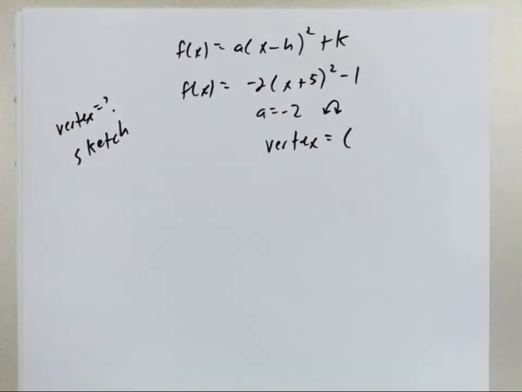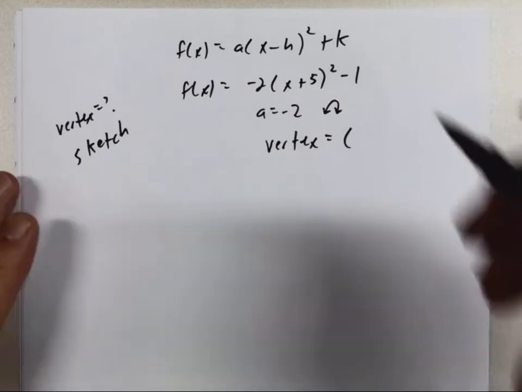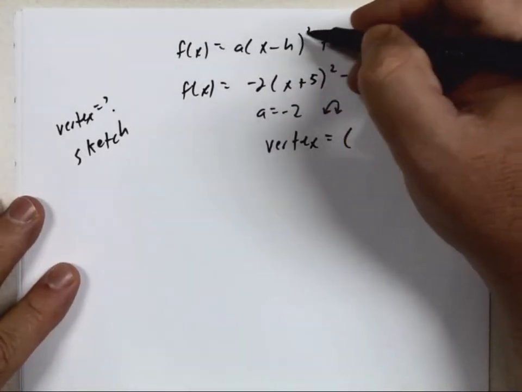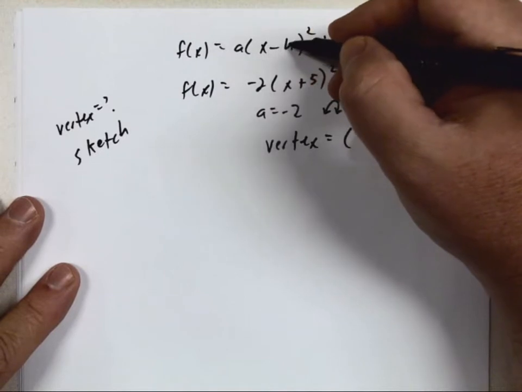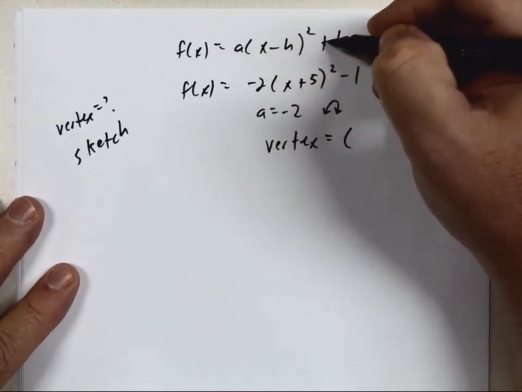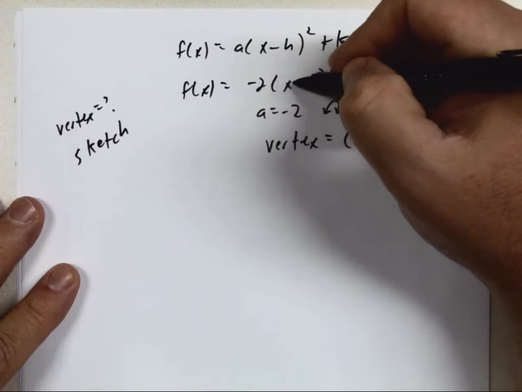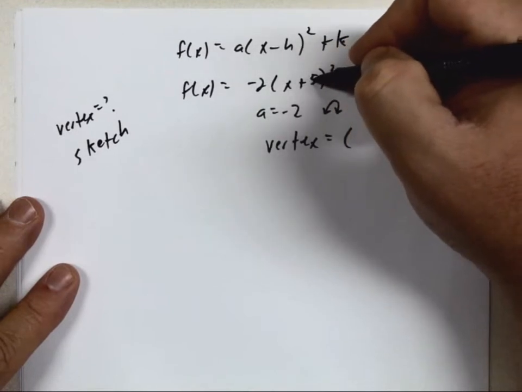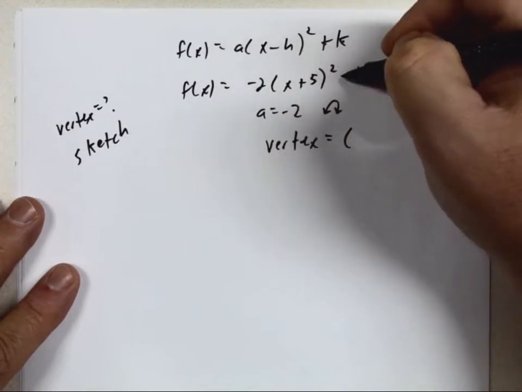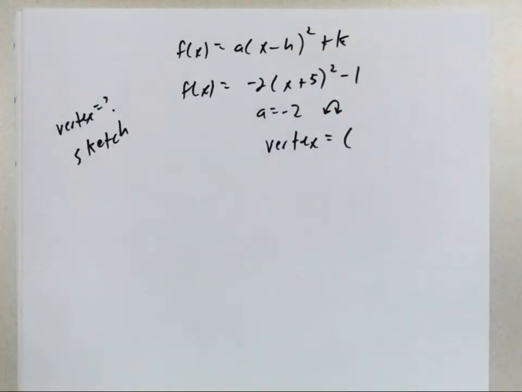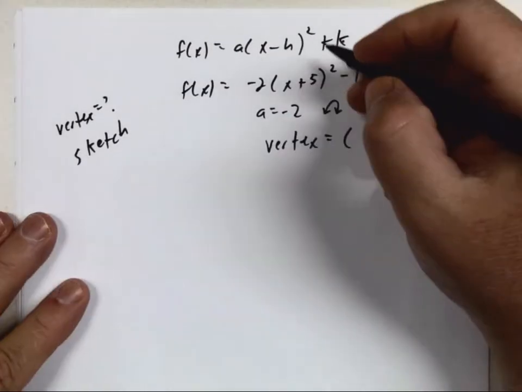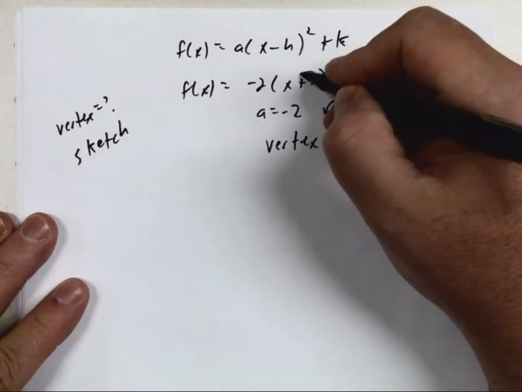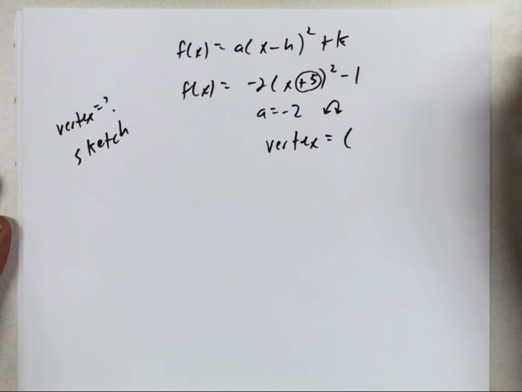Students get confused, and let me tell you the method I use, which works every time, and I think it's pretty simple. The tricky thing is, here the standard equation is x minus h and then plus k. Well, here I have x plus a number, and then instead of plus, I have minus a number. Here's what I do to get the proper values for the vertex. I look at this number, including the sign in front of it.